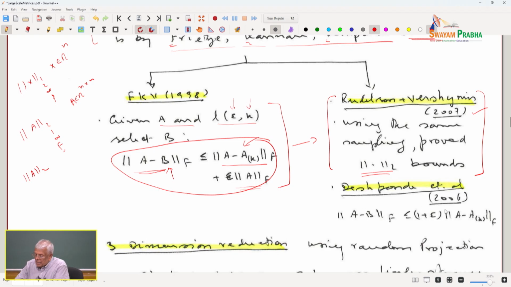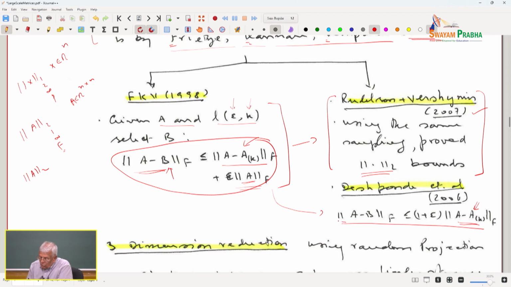Another paper, Deshpande et al., 2006, also showed a bound which is very similar to this. B is an approximation. The Frobenius norm of A minus B is bounded by 1 plus epsilon times the Frobenius norm of the best possible approximation. Please remember, in the earlier result epsilon multiplies the Frobenius norm of A. Here 1 plus epsilon multiplies the Frobenius norm of the difference between A and the best approximation.